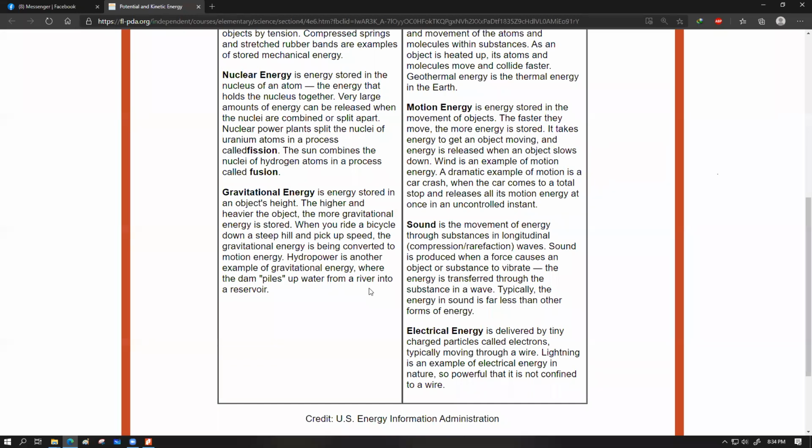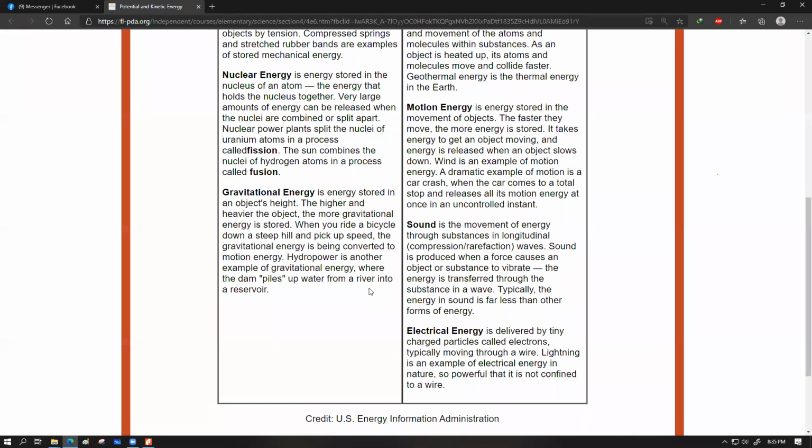Sir, here it is written that when you ride a bicycle down a steep hill and pick up speed, the gravitational energy is being converted to motion energy. So what does that mean? I mean, in this case, what does the motion energy mean? In this case, when the person was atop the hill, the energy stored within the person would be potential energy, which would be gravitational potential energy.